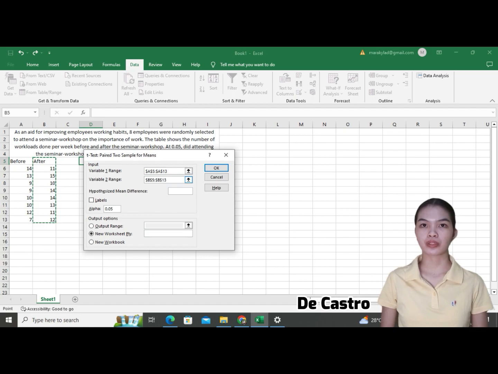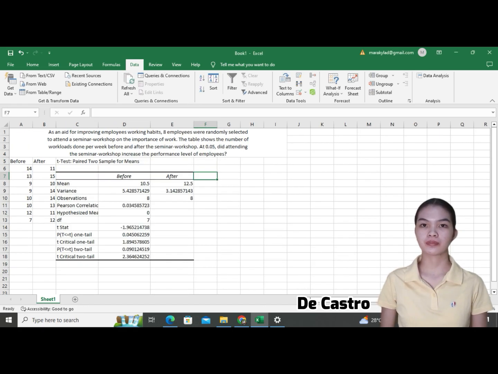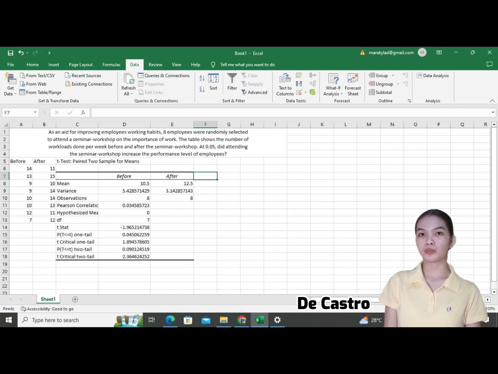Next, make sure to click the labels. For alpha, we give 0.05. Then for hypothesized mean difference, it's going to be 0. Last, click the output range and place it where you want. Then click OK, and we can see our output here.